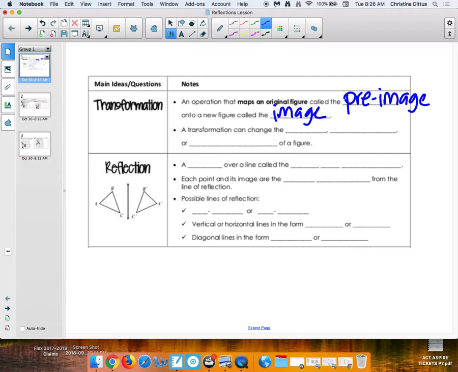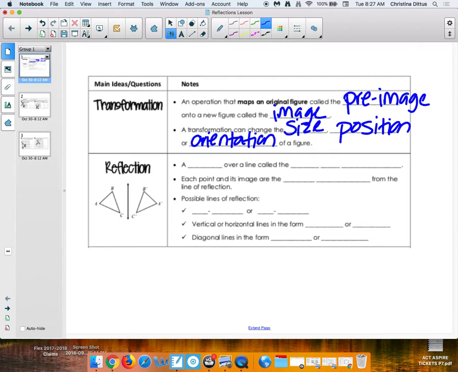So what you start with is a pre-image, and then when you move it, flip it, whatever, that is the image. A transformation can change the size, the position, or the orientation. So far, yesterday, did we change the size of the shape?